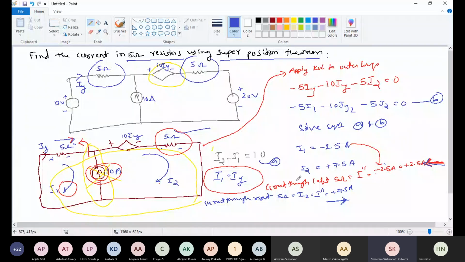Fine. Now next we are going to consider 20 volt only.